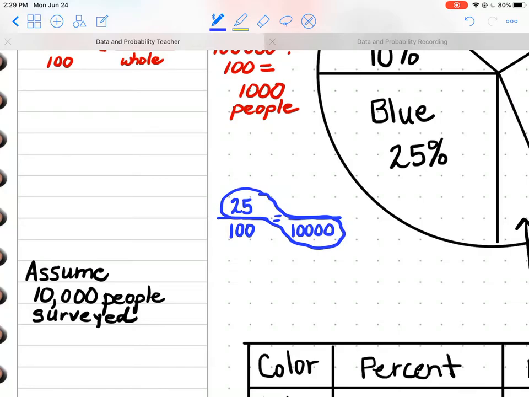You always multiply a peanut. 25 times 10,000, and this is a huge number. Don't panic, because we're going to divide it by the number that's not in the peanut. So 2,500 people like blue cars.